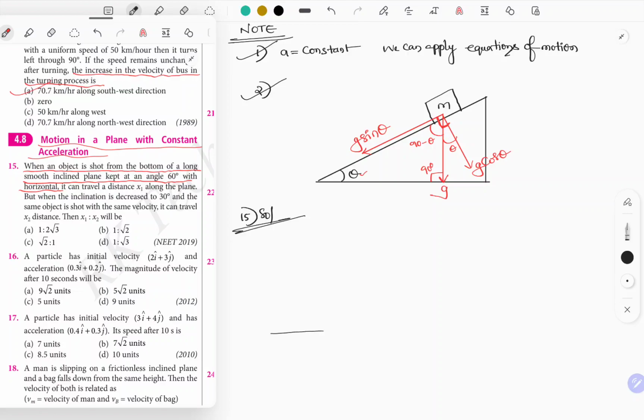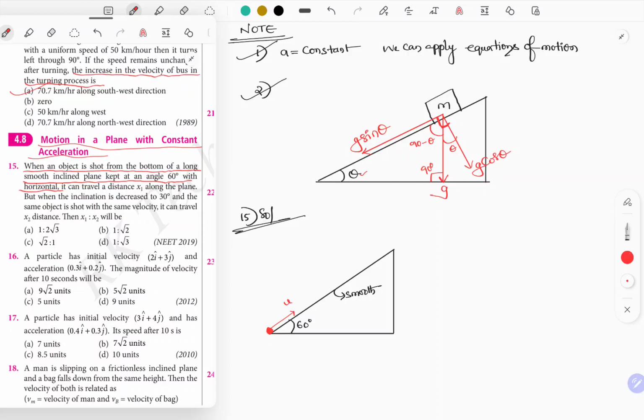They said there is an inclined plane which is of smooth surface, and the angle of inclination is 60 degrees with respect to horizontal. One object is shot from the bottom, let's say with an initial speed u.